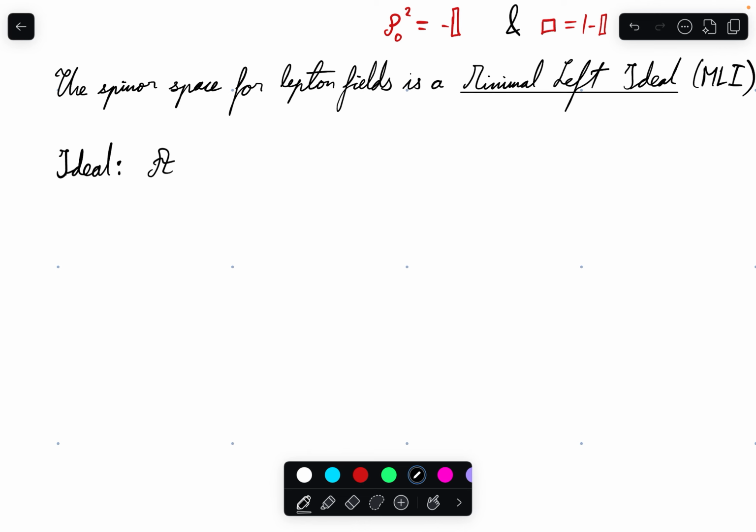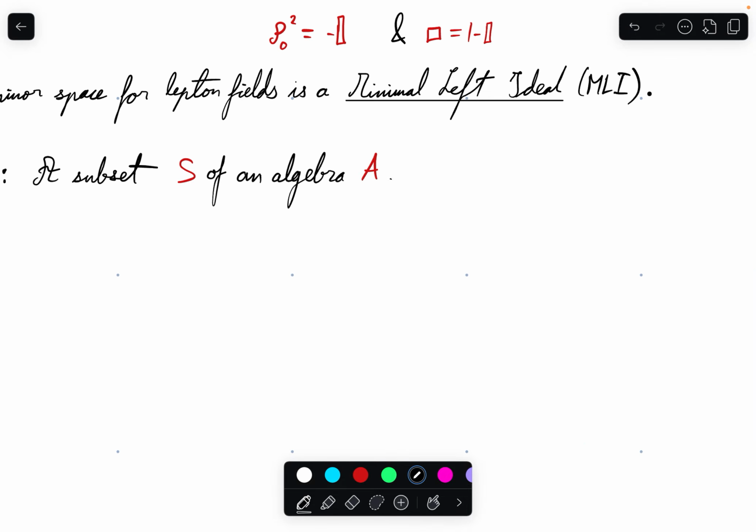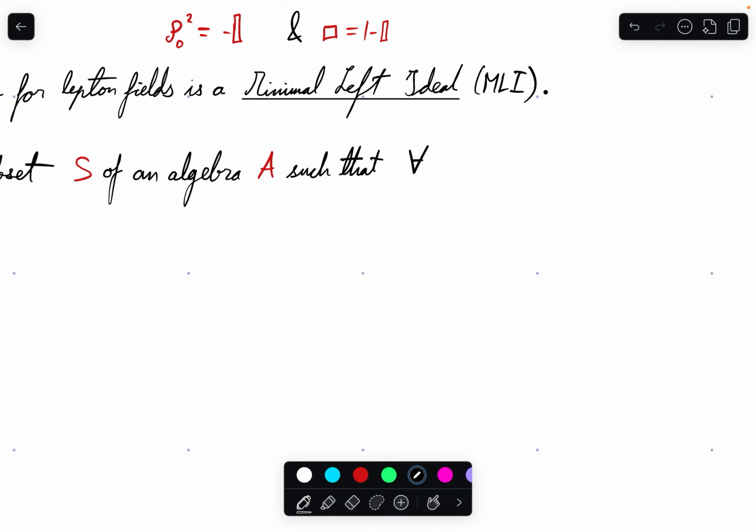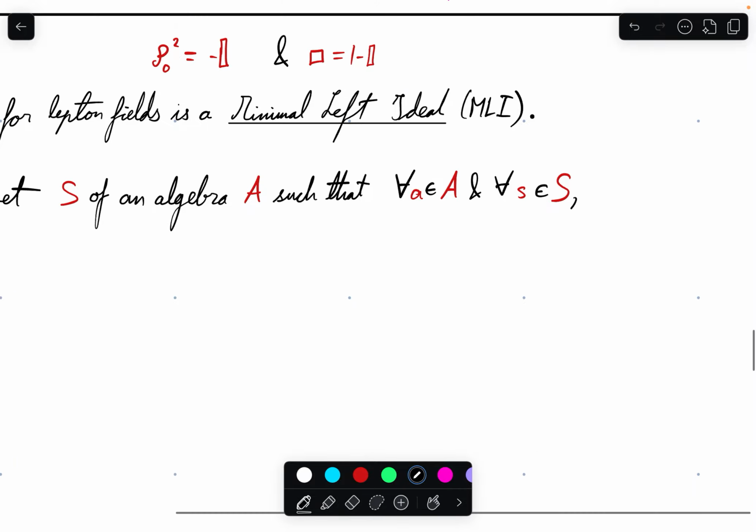It is a subset S of an algebra A, such that for all elements of the algebra and for all elements of the ideal, A times S is also in the ideal.